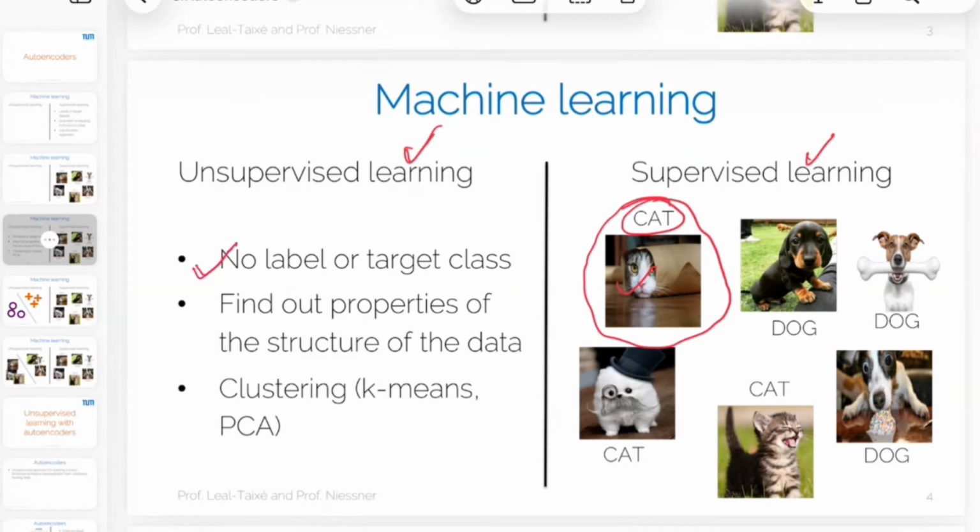If there are no target class labels, then we have to somehow fetch information from the samples. In this case, we generally try to learn the structure of the data. Since you do not have the labels, you cannot use methods like cross entropy loss. How can we find the loss?